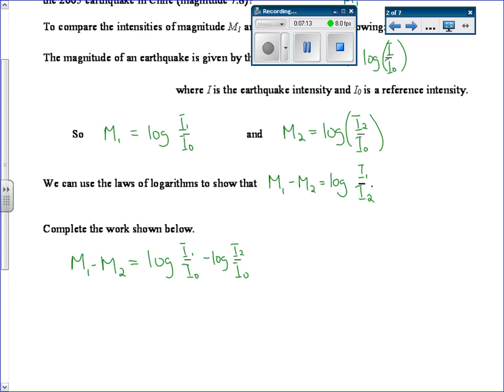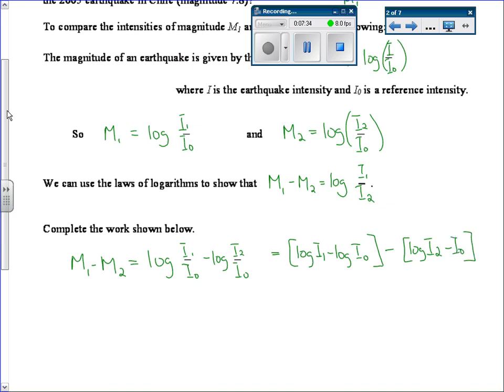We can split this up because we have division. So we're going to use our quotient law and write the first one as log of I1 minus log of I0, and then that's minus the second log, which is log of I2 minus log of I0.